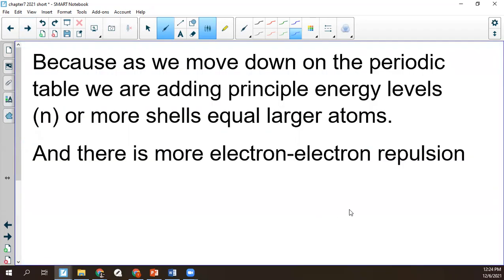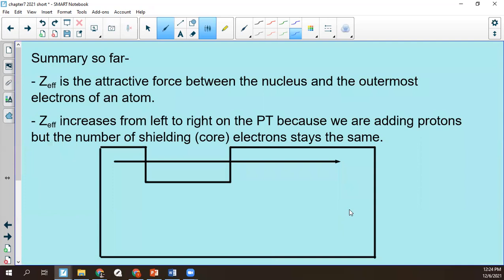Now, because as we move down on the periodic table, we are adding principal energy levels or more shells, we get larger atoms. This is probably out of order, but that's okay. And there is more electron-electron repulsion. Now, I need to say something.